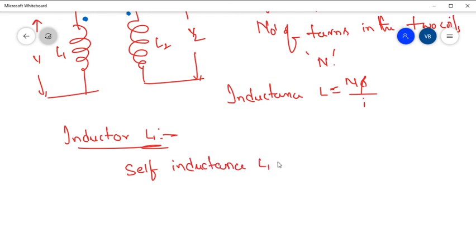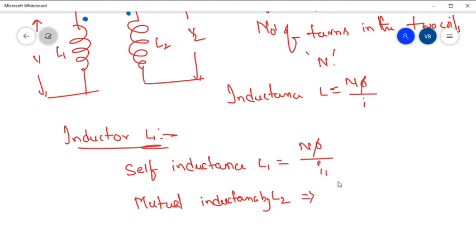That is L1 equals N into phi by I1. Okay, so what is the mutual inductance here, by inductor L2? How can we write it?